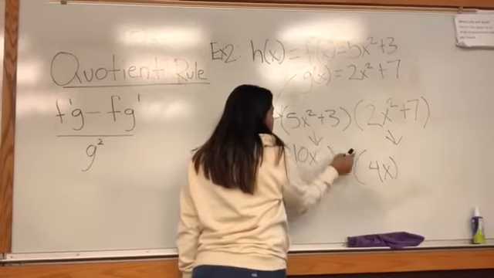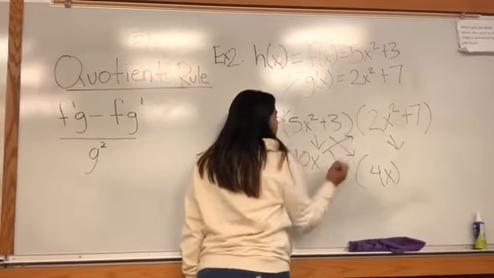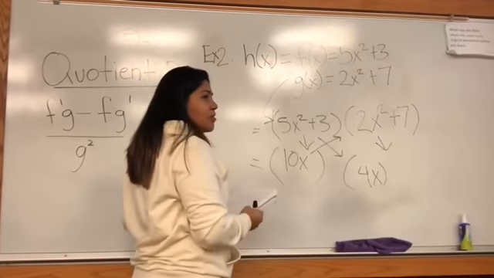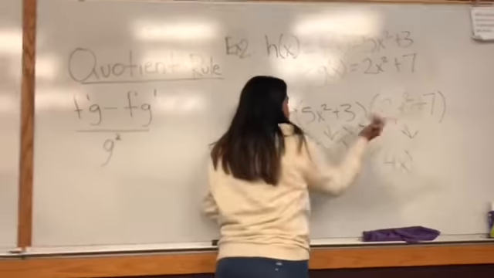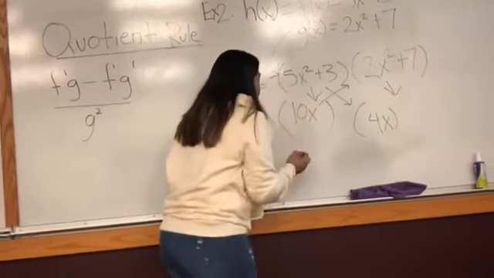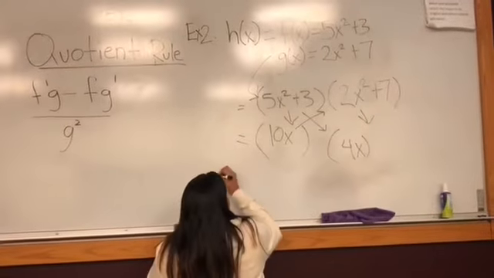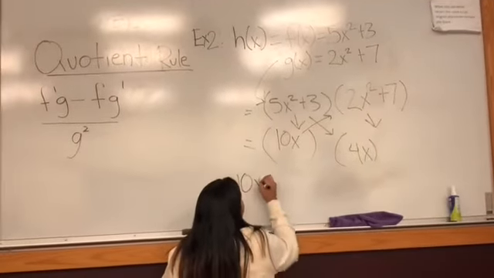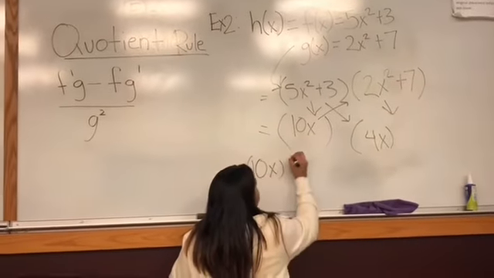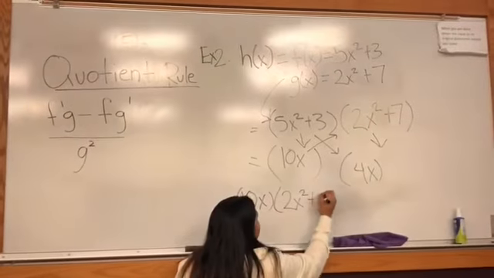So remember the crisscross. So I simply just draw arrows to remind me what functions go with what other function. So we simply have, sorry folks, we simply have 10x multiplied by 2x squared plus 7.